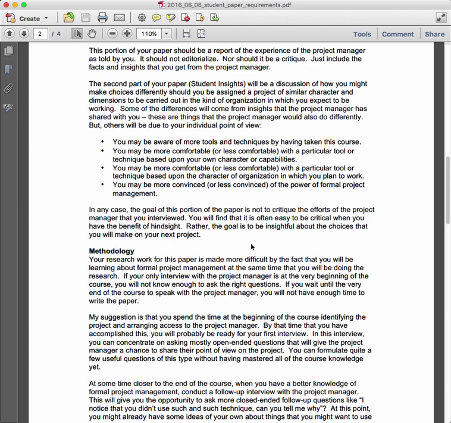Well, maybe you're aware of more tools and techniques because you've taken this course and they never had formal training in project management. Maybe you're more comfortable with a tool or a technique than they would be, or less, just because of you being who you are and they being who they are.